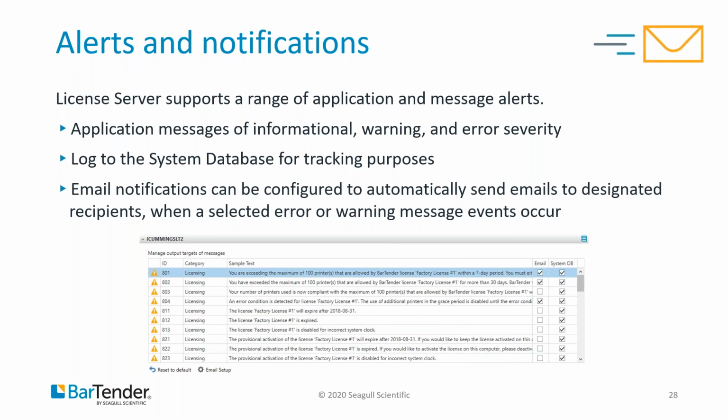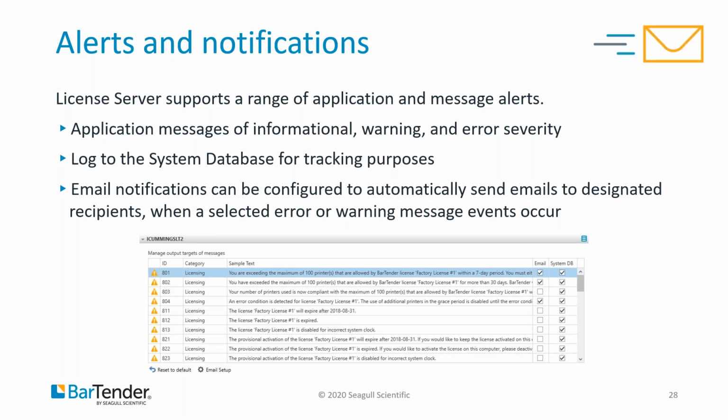Alerts and notifications. Of course, it can be the case that things happen, things can go wrong, things can break. And when these events occur, we generate an application message, be that informational, a warning, or an error in terms of severity.